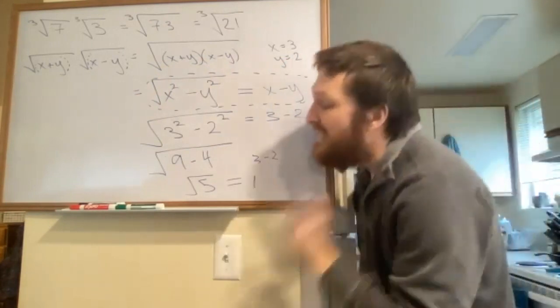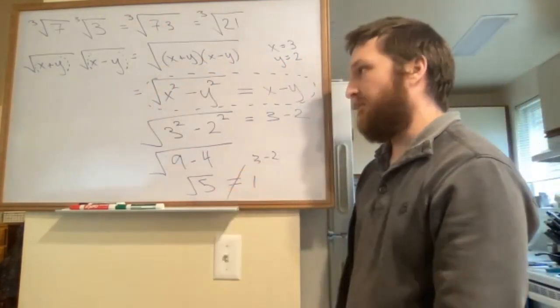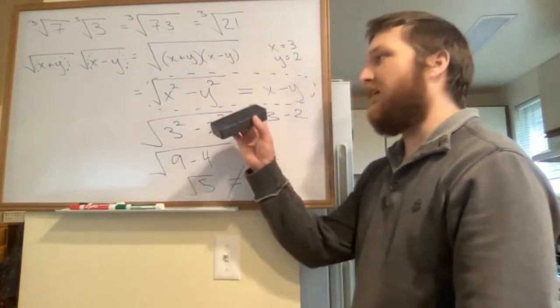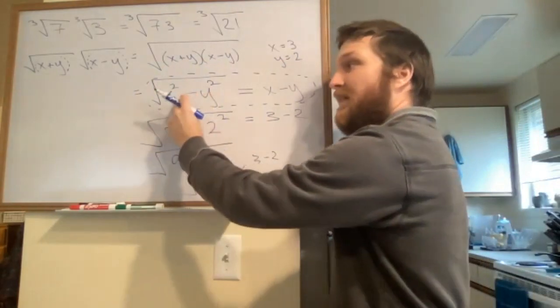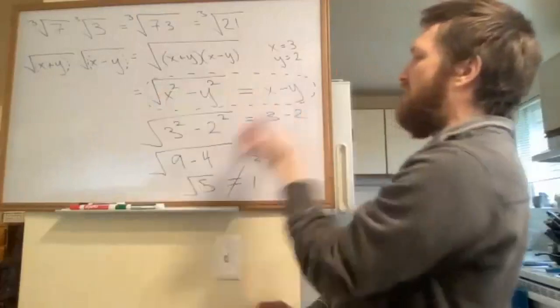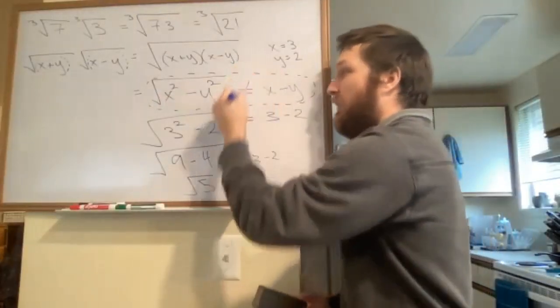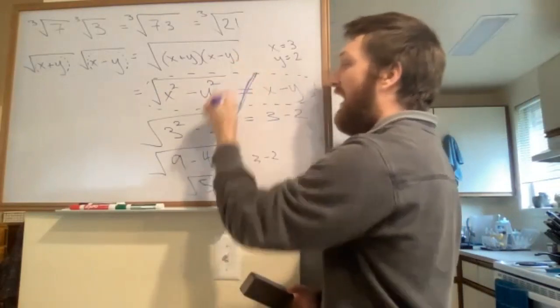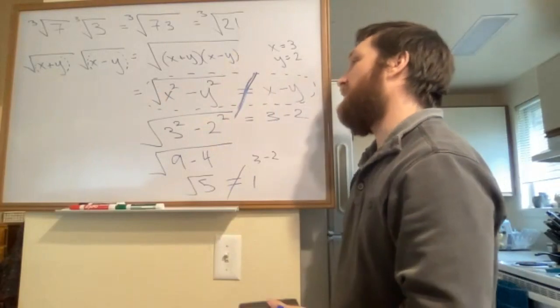I guarantee you the square root of 5 is not equal to 1. So you have to be really careful. The square root of something squared does not just pop right out. It will never be equal unless one of them is equal to 0.